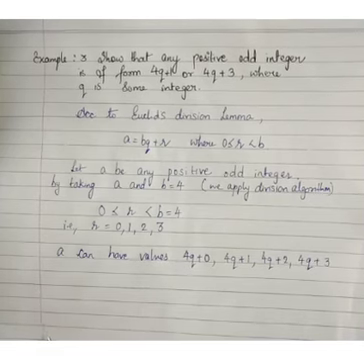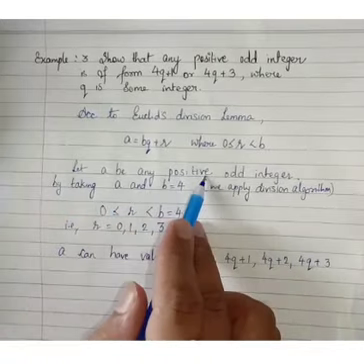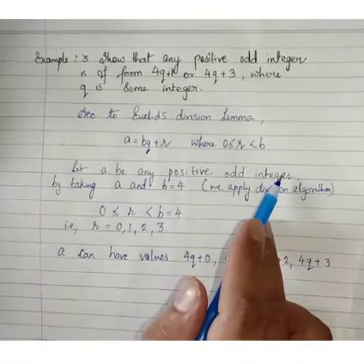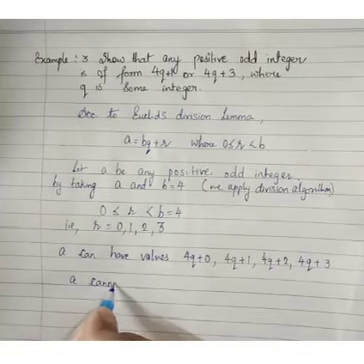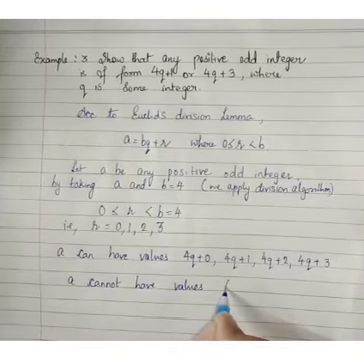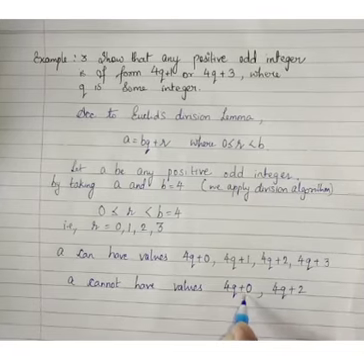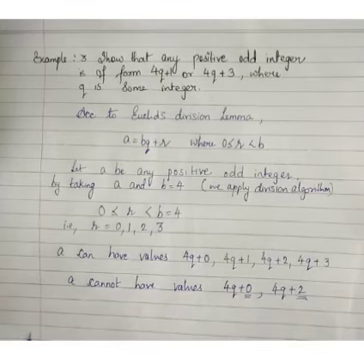Since we have written that a is any positive odd integer and q is quotient, a cannot have values 4q plus 0 and 4q plus 2, because remainder cannot be 0 or 2 if an odd integer is divided by 4, right?